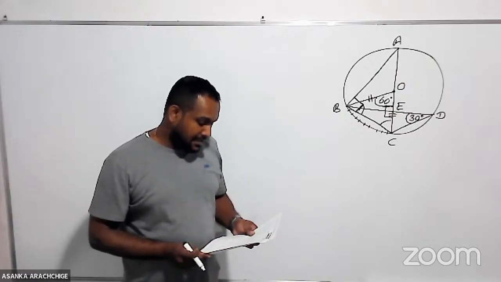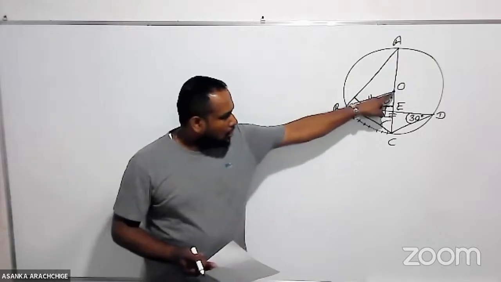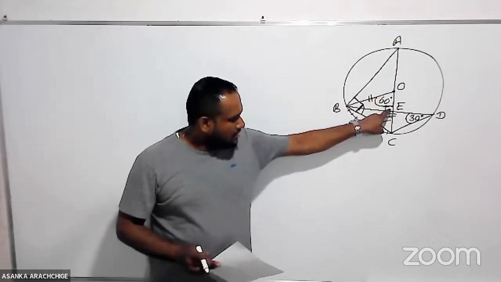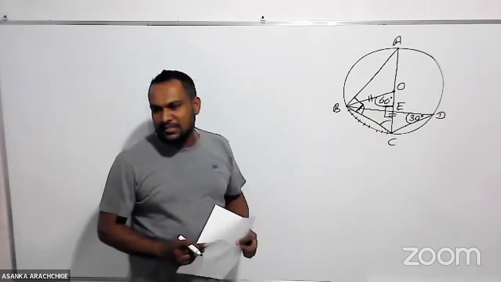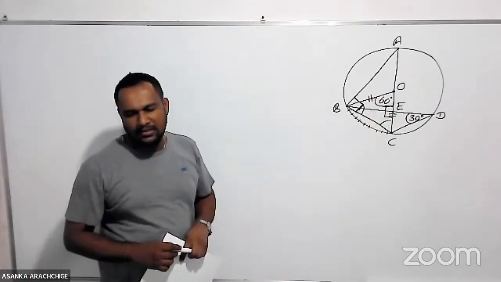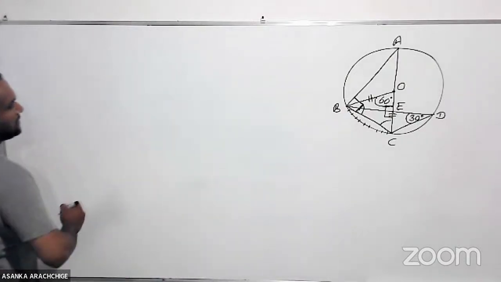We have to show that triangles OBE and BCE, these two triangles, are congruent. That is really simple. Why? Now you can say like this today.